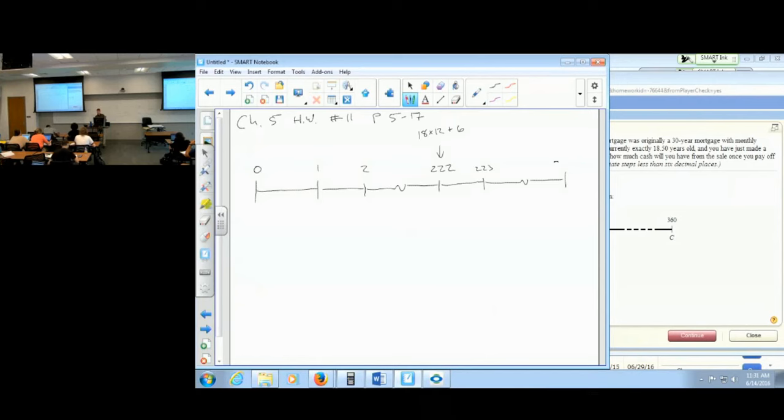The original mortgage, though, had 360 payments in it. That's because it was a 30-year mortgage and we were making 12 payments per year. So there were 360 total payments in this thing. The initial balance on the mortgage was $850,000.